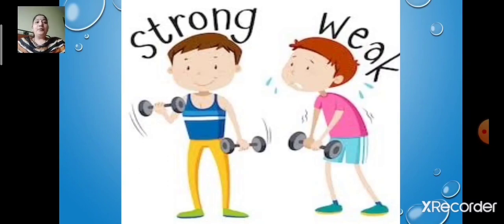And if you don't eat properly, if you eat junk food and don't exercise regularly, then you become weak. S-T-R-O-N-G, strong, and W-E-A-K, weak, are the two opposite words.